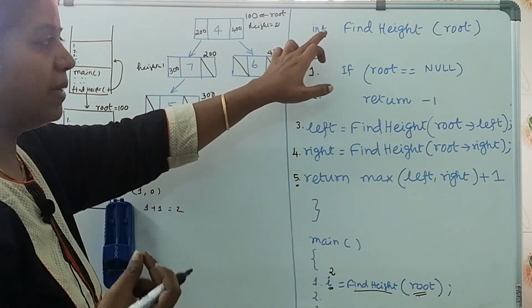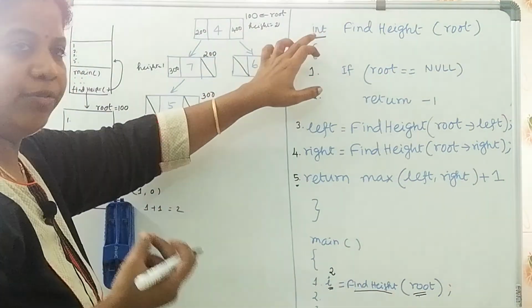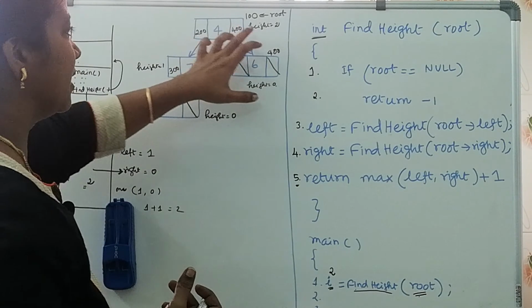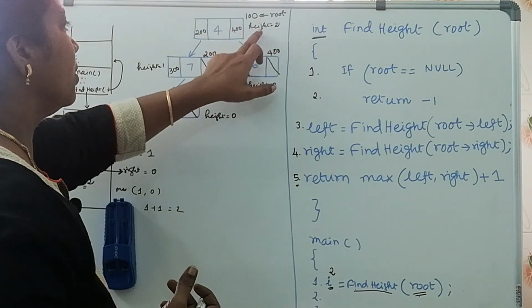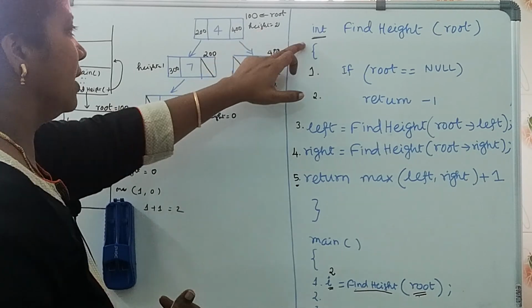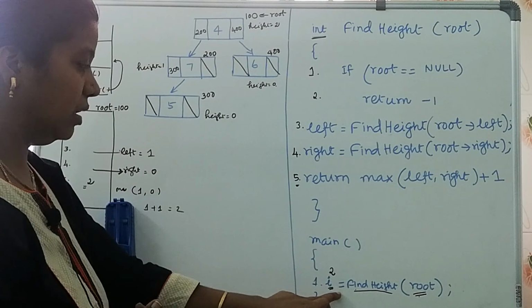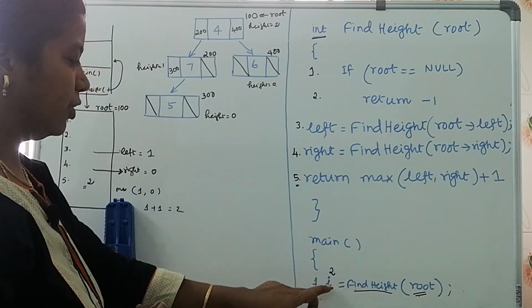The 2 is the height of the root node, which is the height of the tree. So the height of the tree is the height of the root node. Note down, the height of the root node is now 2. That value is returned back to the main function and gets assigned to the variable I.